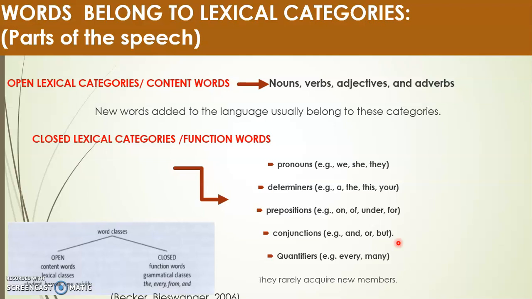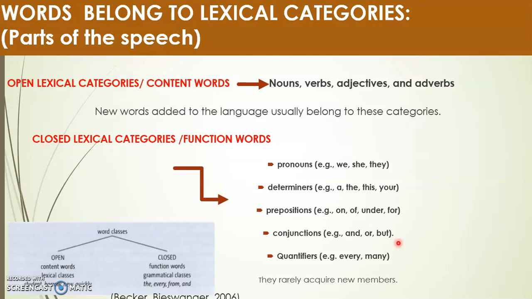And we know that words belong to lexical categories, which, remember Grammar 1, that's why Grammar 1 is so important. So we might have open lexical categories or content words, which are nouns, verbs, adjectives, and adverbs. New words added to the language usually belong to this category, so they have a lot of productivity.